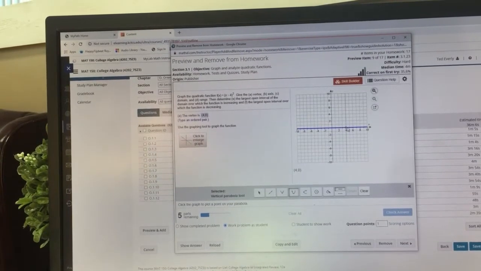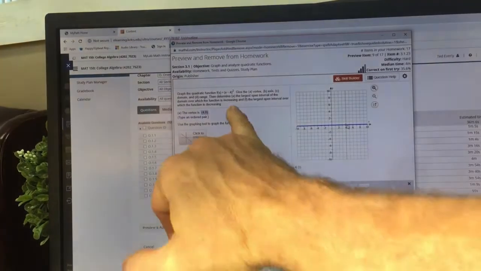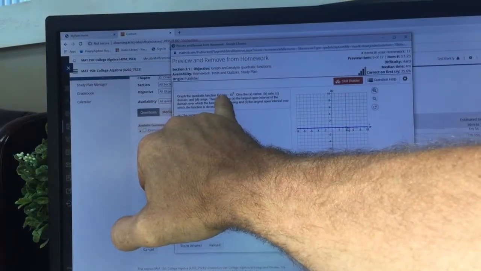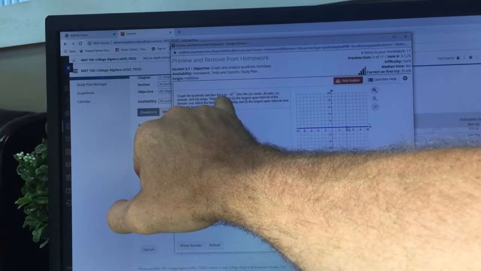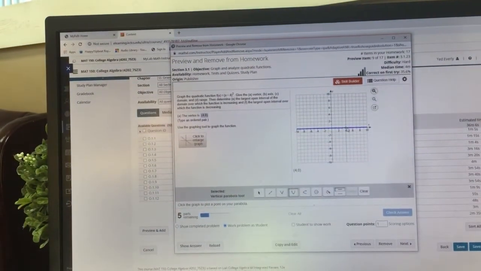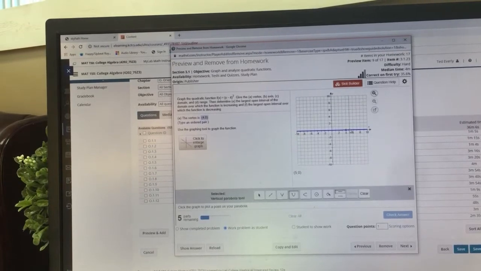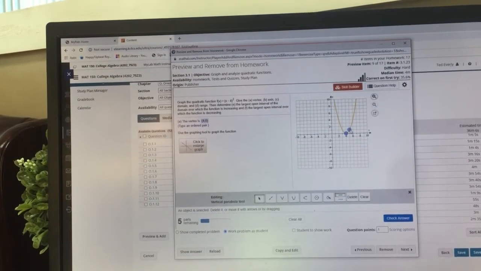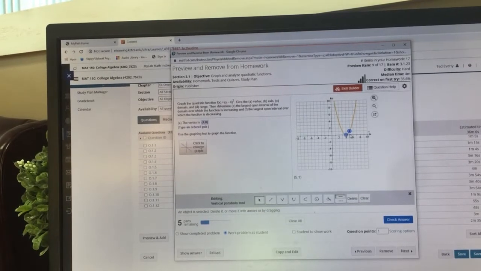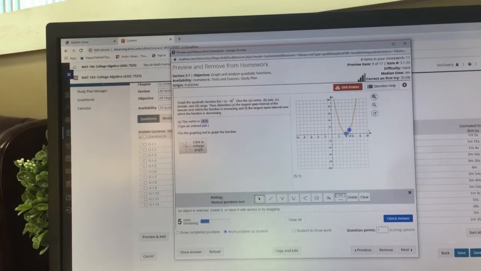Now, I look at this number in front of the parentheses, or in front of the x squared term. There is no number, which means it does not stretch, which means when I go over 1, it will go up 1. And there's my parabola. Now, if there's a stretch number, when I go over 1, I'll go up whatever that stretch number is.